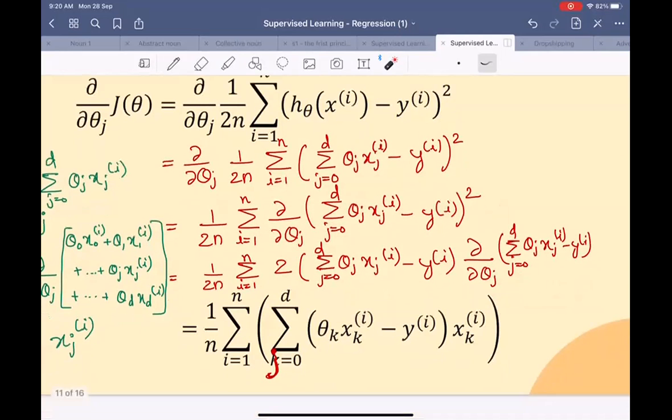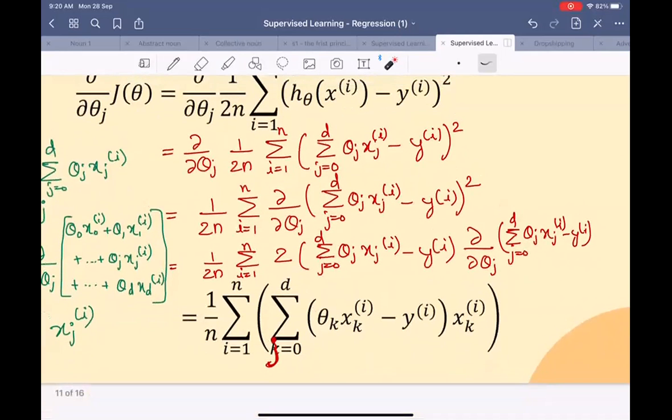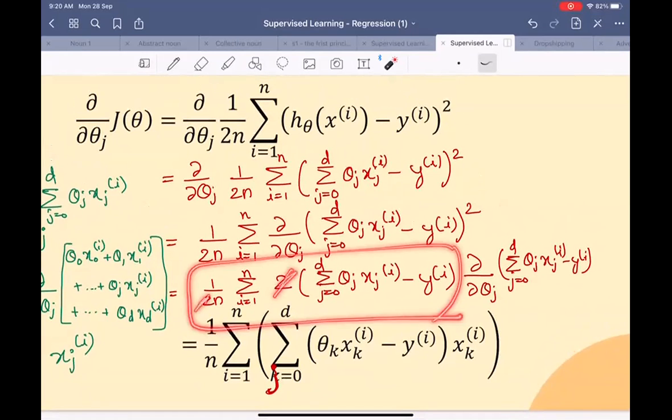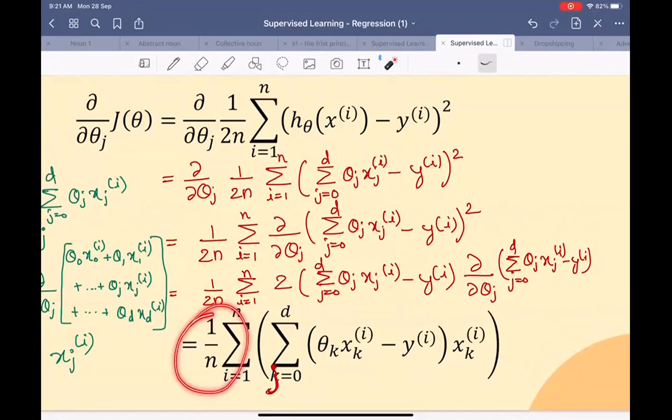We are very close to our answer. In this part, this 2 and this 2 get cancelled. The initial purpose of putting the 1 by 2 in the cost was that once we take the derivative, these 2s will cancel and our ultimate equation will be a bit simpler.